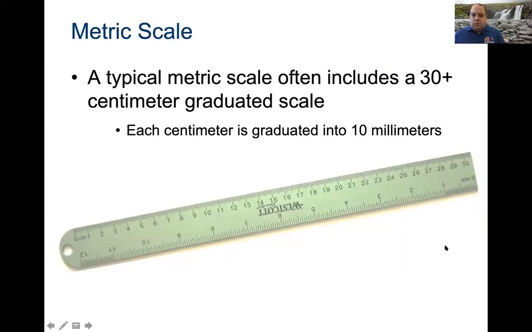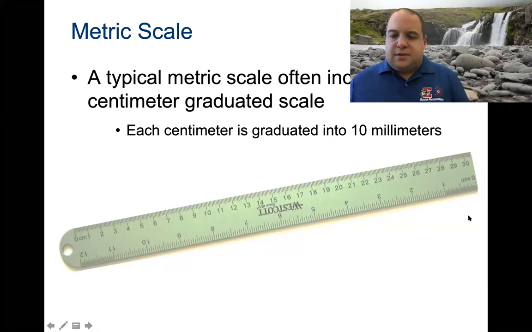Okay, so talking about the metric system to start off. A typical metric scale often uses 30 centimeters. So a standard 12-inch ruler, what we have here on the screen, a regular ruler is 12 inches long.